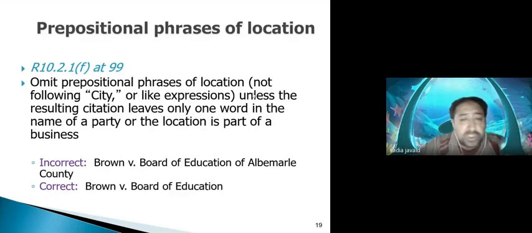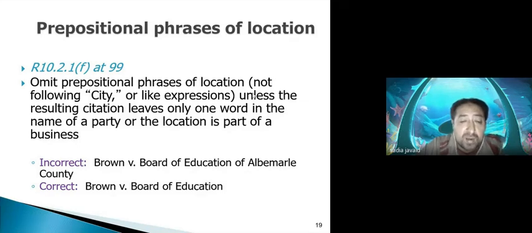Prepositional phrases of location, R10.2.1(f) at 99. Again, for prepositional phrases, this is how to write in Bluebook style. Omit prepositional phrases of location not following city or a like expression, unless the resulting citation leaves only one word in the name of a party or the location is part of a business.